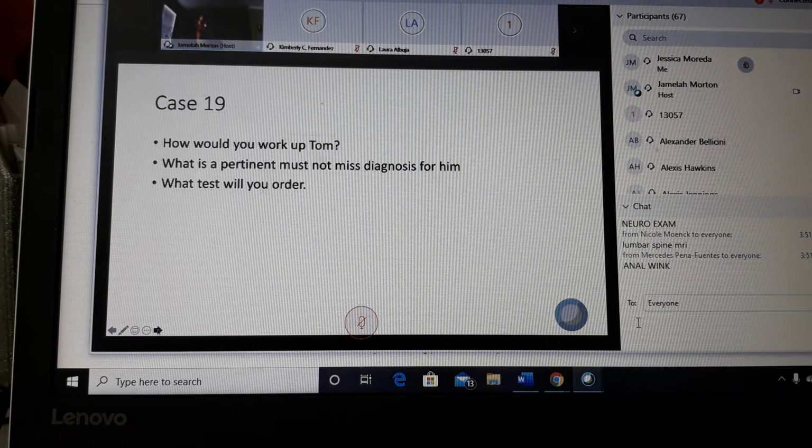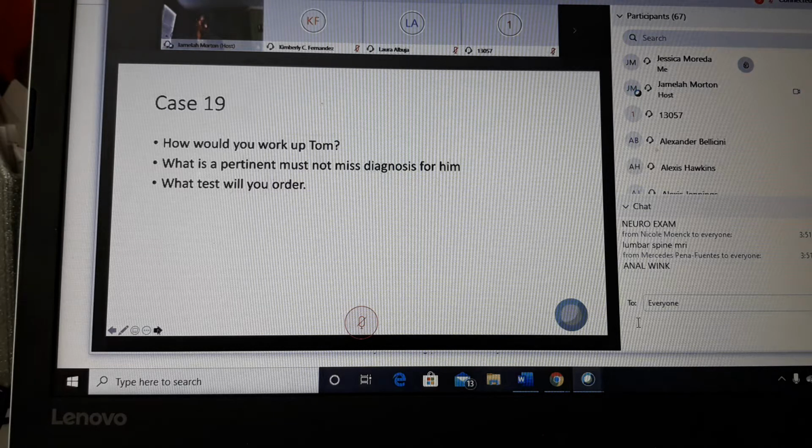Okay, hold on one second. Okay, so yes, we need an MRI ASAP because we really want to know if this guy has a herniated disc.